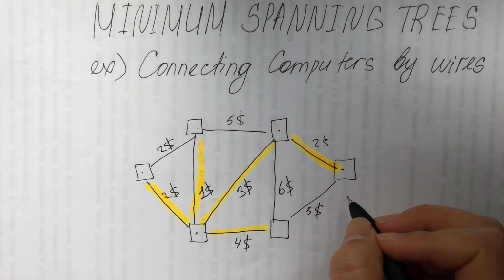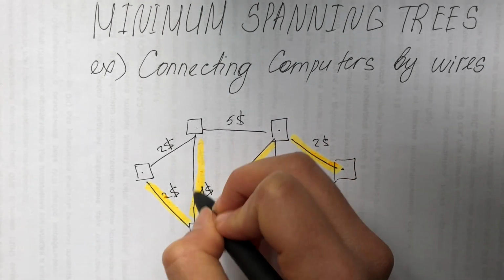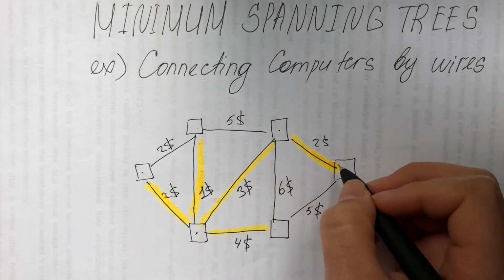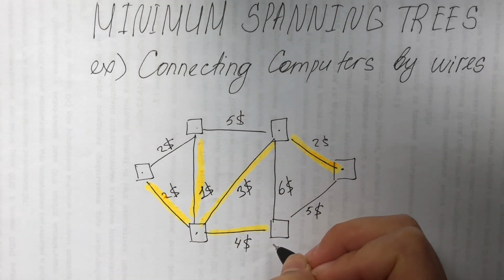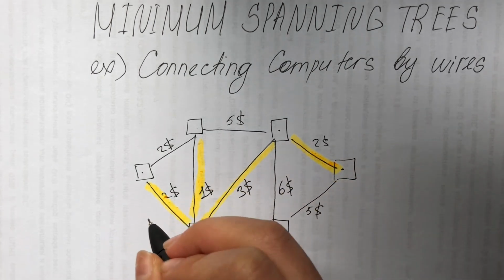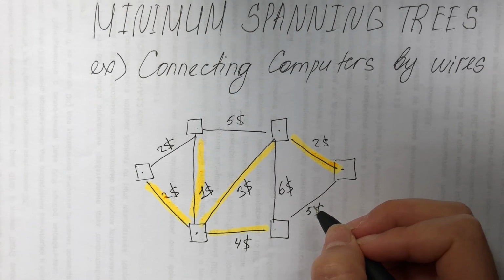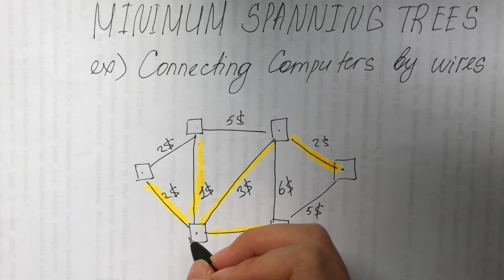And this works for all the machines. And the total cost of the wires that we have put will be the minimum possible cost that we can achieve here.